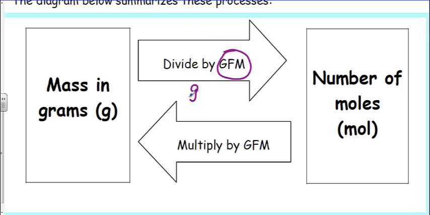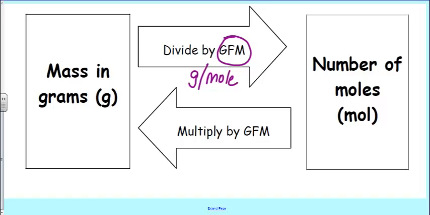And now since we know that it's how many grams are in each mole, we're going to say that the unit is grams per mole, okay, for the GFM. That will give us the number of moles. And then to go from moles to grams, if we have moles in our question and they want to know what the mass is in grams, then we multiply by the GFM. So in every case, we need to figure out the GFM of whatever compound or molecule they're talking about in the question.